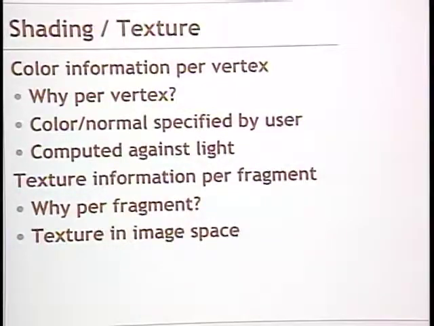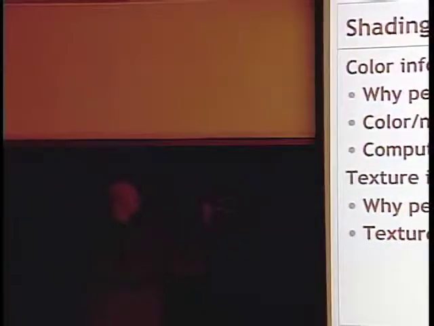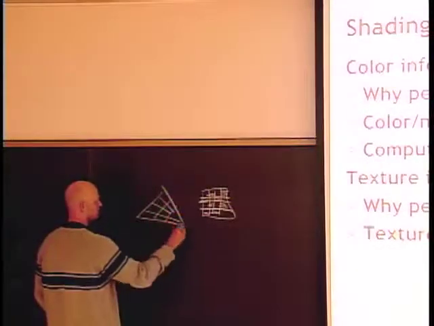Texture, on the other hand, is when we take a triangle and we say, here's a checkerboard, and we want to map it onto this triangle, and all these are filled in. And then we want to nicely map it here and get this nice checkerboard that goes on here.